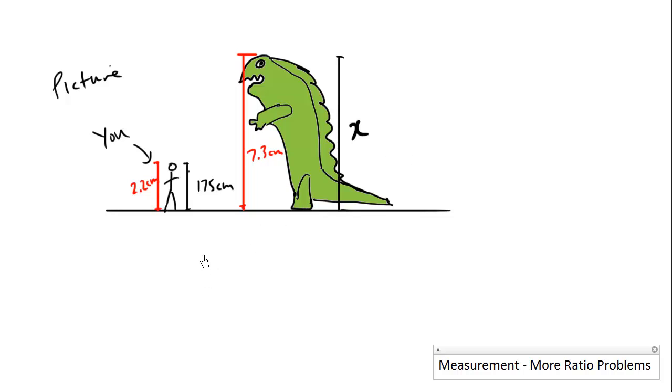So what can we say here? Generally, it's nice to put the unknown on top. x over 7.3 is equal to, and this x value happens to be the real value in real life, 175 over this picture measurement, which is 2.2.